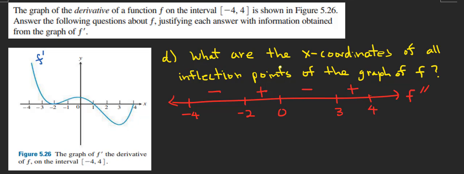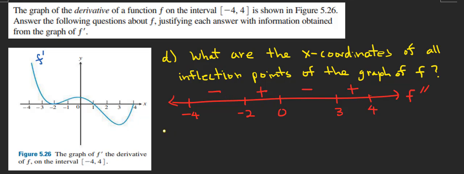Now part D says, what are the x coordinates of all inflection points of the graph of f? In order to find the inflection points, we need the f double prime chart, which we got from part B. Inflection points occur when the sign of f double prime changes, either from negative to positive or positive to negative, and f double prime has to equal 0 or be undefined. We know that f double prime is 0 at negative 2, 0, and 3 from part B. And look, the sign changes.